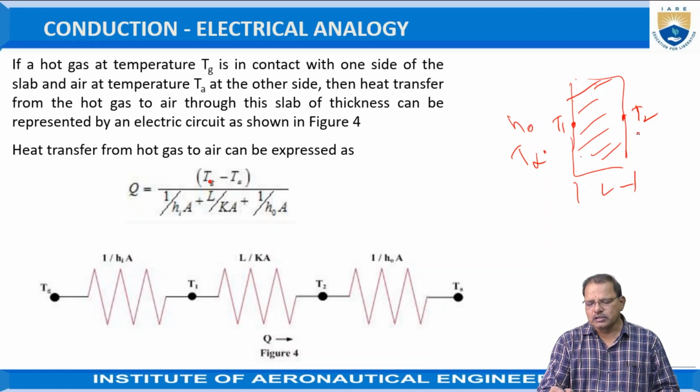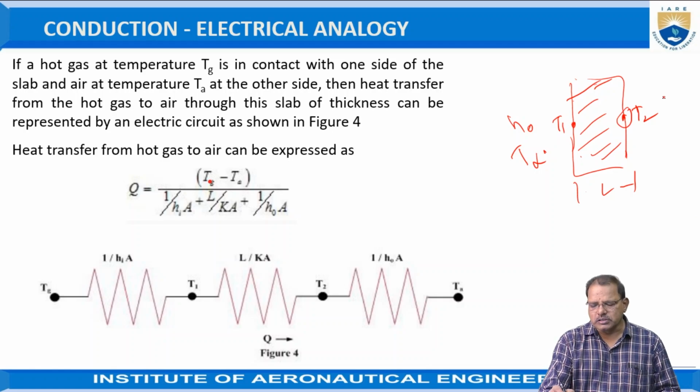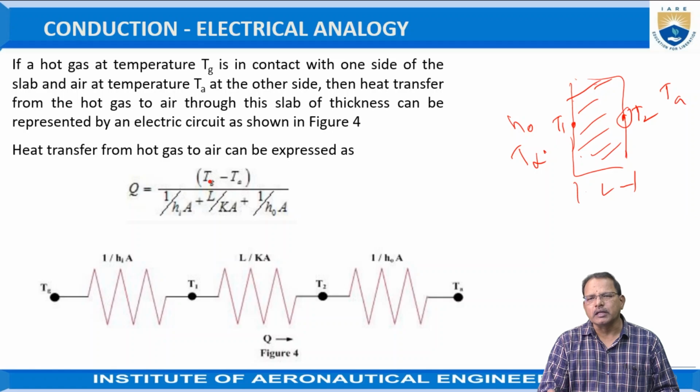Similarly, the other end at T2 is in contact with air, where TA is the temperature of atmospheric air. That means heat energy flows from the hot fluid at T alpha to atmospheric air at TA through the wall by conduction.